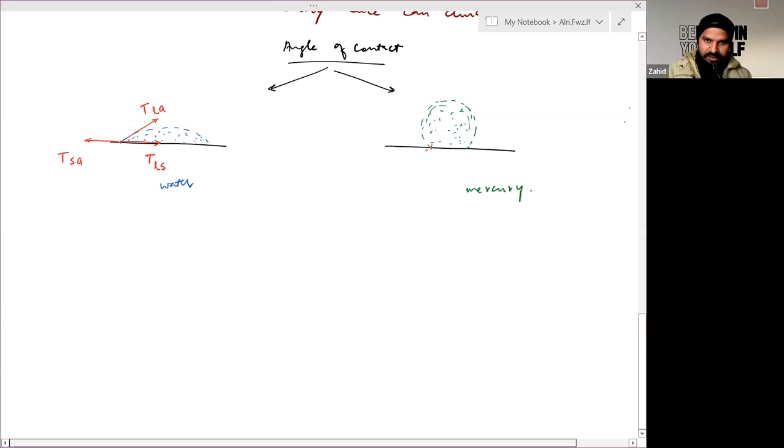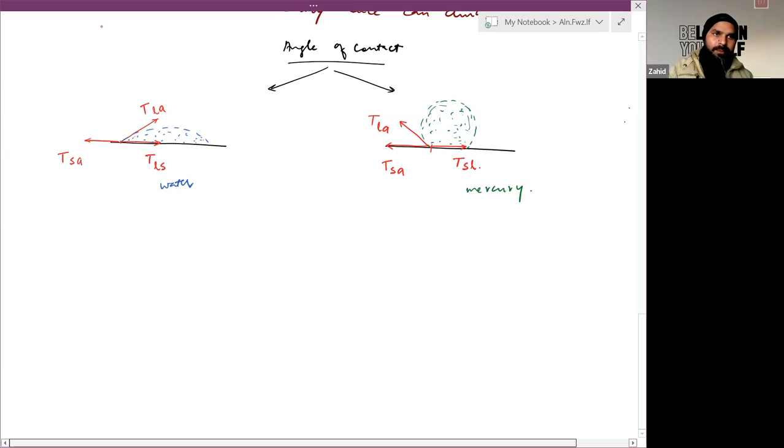Similarly, if you draw surface tension at this point, it will be along this direction, liquid and air, along this direction, solid and air, and along this direction, solid and liquid.